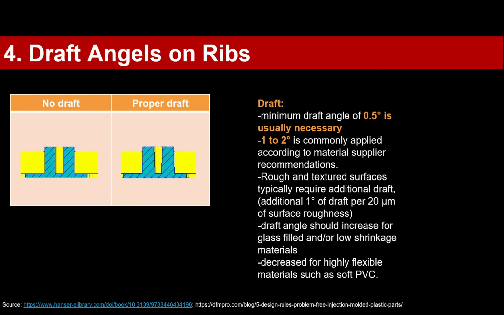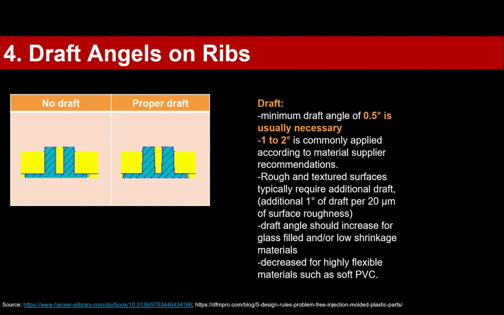Generally use a minimal draft angle of 0.5 degree, however, for most materials, the draft angles are between 1 to 2 degrees, depending on the material supplier recommendation. When you have rough and textured surfaces, you need some more additional draft.